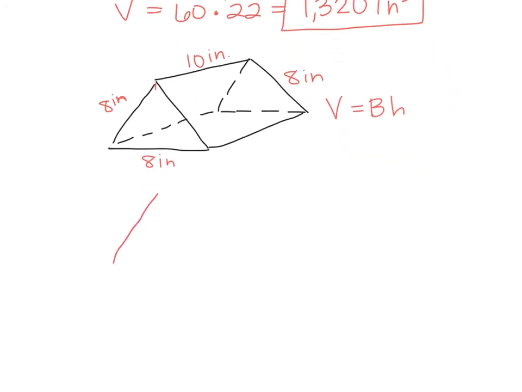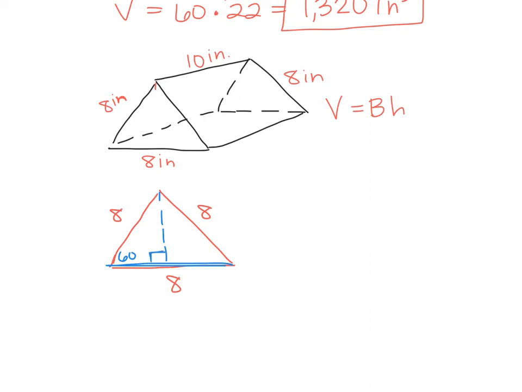So if I just look at my base right now, okay? We know these are all 8, which makes that what kind of triangle? Equilateral. What are the angle measures in an equilateral triangle? 60. So that means this is a 60-degree angle. If I'm going to use this as my base and I draw in my height, that makes this 90.